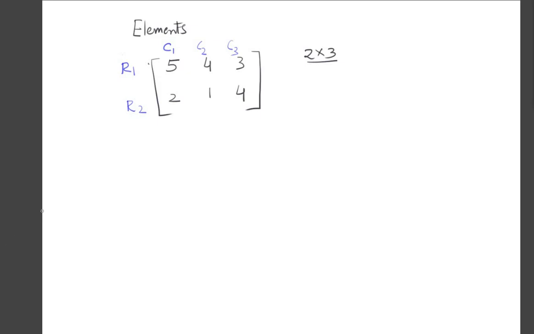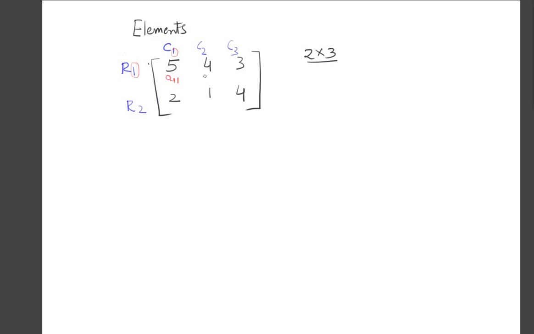Now, the first element is A11. I denote individual elements as A, and the first number represents the row number, and the second number represents the column number. You see, it's A11.